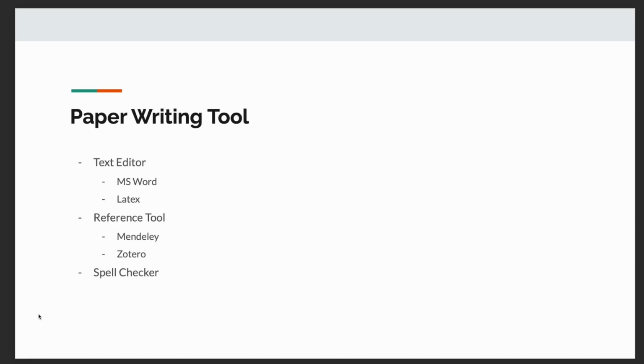So, we use text editors to write a paper, and a lot of people use Microsoft Word because it's easier to use. But if you're going to be writing a good academic paper, you should definitely learn tools like LaTeX because that's the required format for a lot of the conferences. You should also look into reference tools like Mendeley and Zotero.